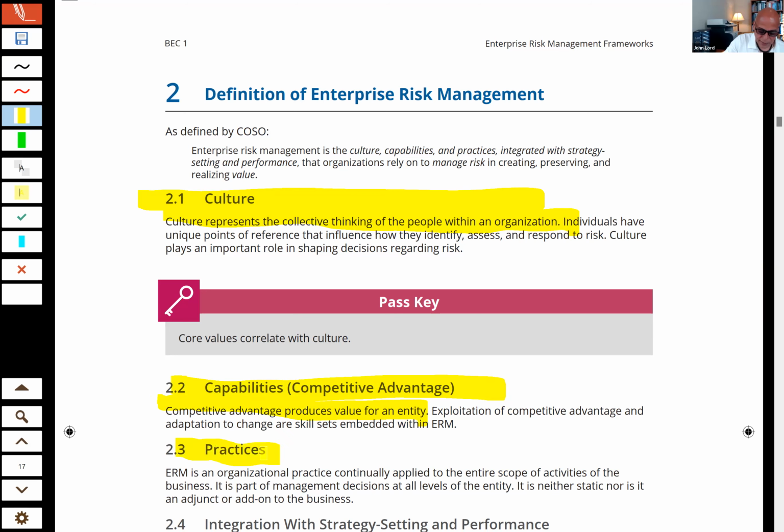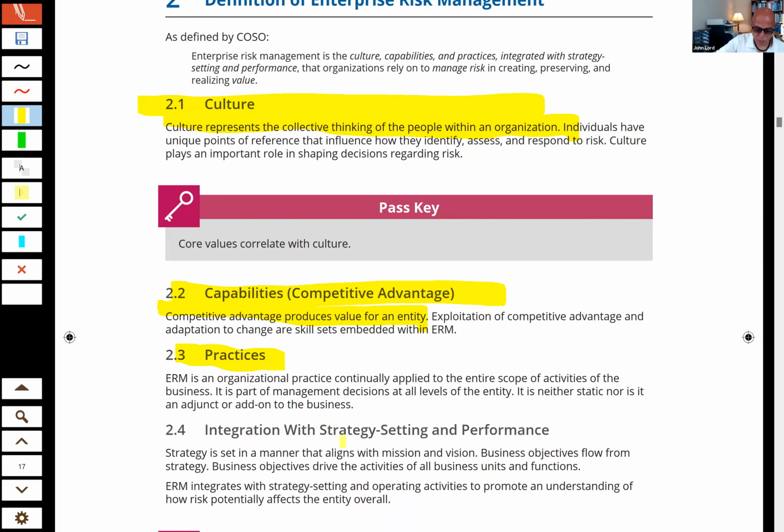Okay. Practices and enterprise risk management, which we'll be abbreviating ERM here, is an organizational practice continually applied to the entire scope of activities of the business. Okay. And so we're conducting our business in a way that is going to manage the risk, and we're aligning those with our core values, etc. And then integration with strategy setting.